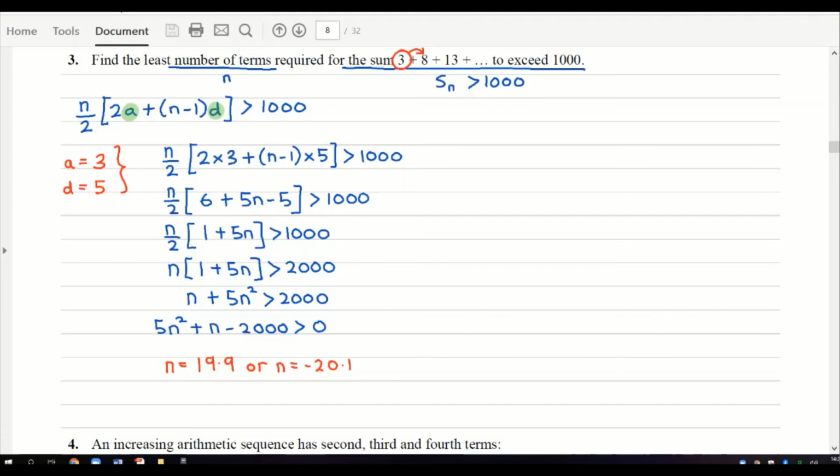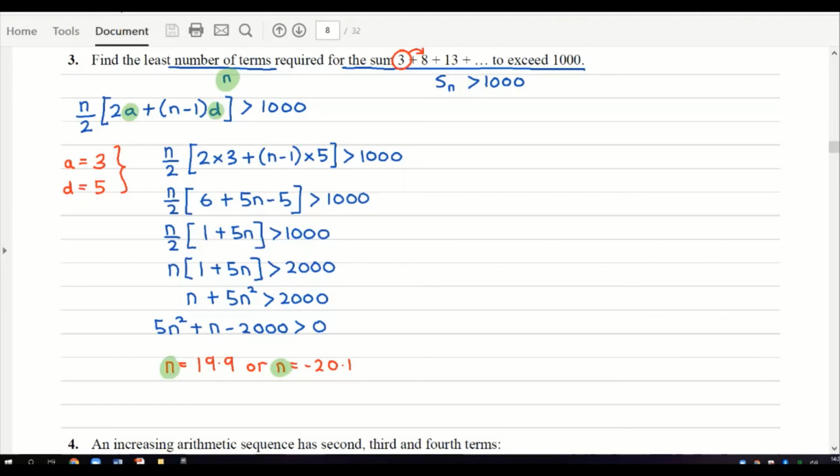So we do have values of n, but remember I said to you at the beginning, you should always have at the back of your mind that these values of n that we're talking about here, in the context of a sequences and series question, have to be natural numbers. So we need to use a bit of reasoning to answer this question, because clearly we can't just leave it like this. It says the least number of terms required for the sum to exceed 1,000.